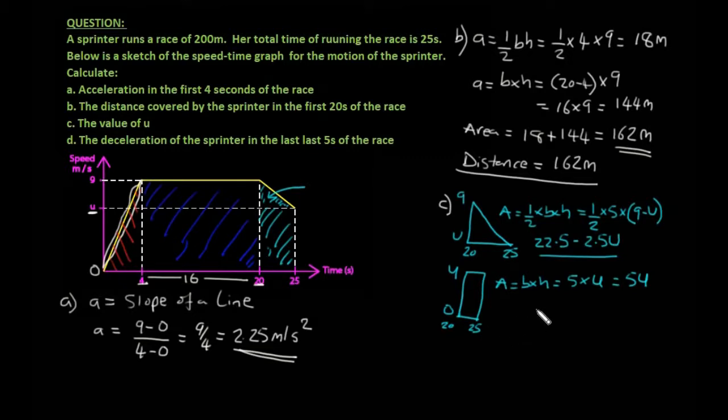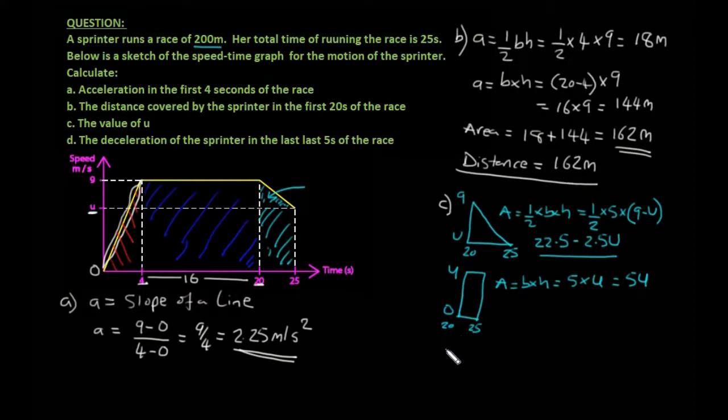Now we are given that the sprinter runs a total race of 200 meters. That means from 0 till 25 seconds total distance is 200 meters. But in the first 20 seconds we found out that the distance run is 162 meters.